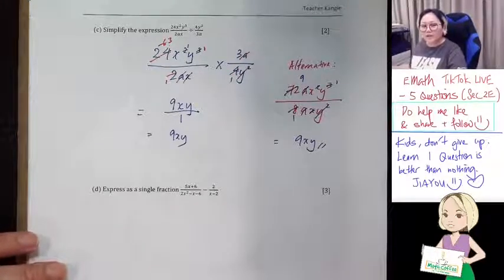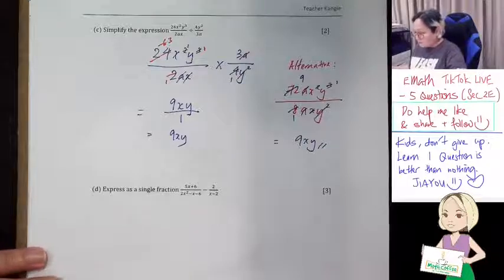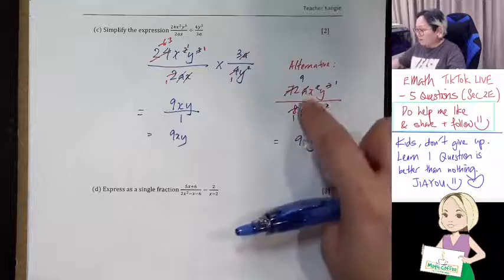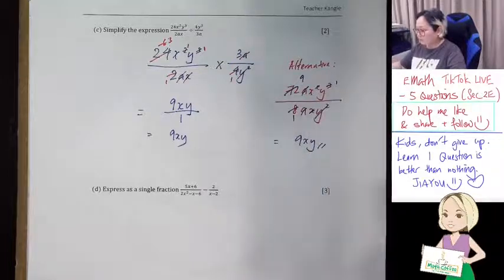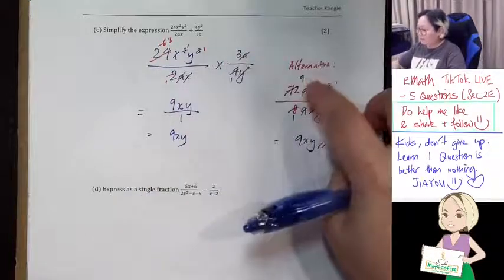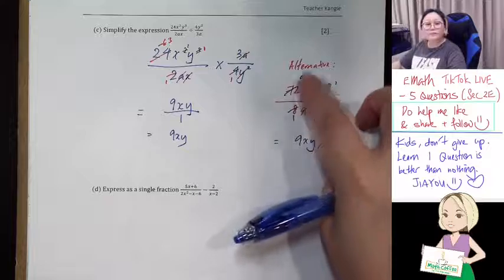Algebraic fraction again, expressed as a single fraction. But if it's a bigger number, then how? Okay, you can use a calculator. Or are you trying to say the alphabet? It's okay, 24 times 3, you can press the calculator, then you just put the number. It's easier.